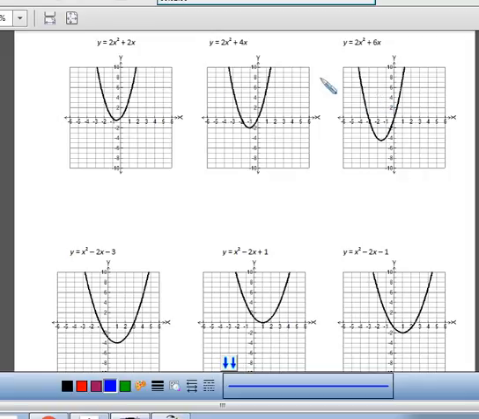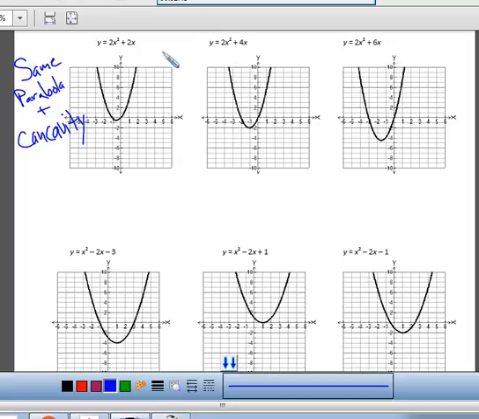When I look at the equations, you should be able to tell that we're dealing with the same parabola, in other words, the same curve, and the same concavity. They're all concave upwards. So, what is different about all three of these?